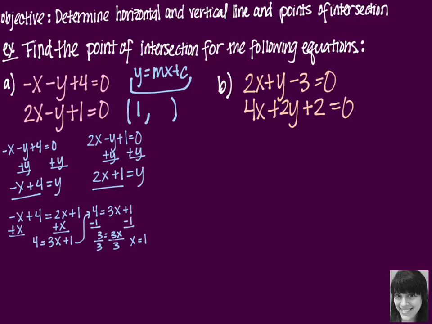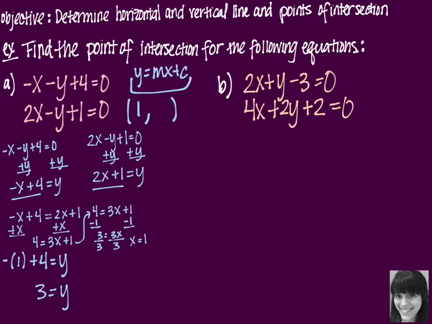Okay, so now I'm going to take x equals 1 and I'm going to put it into one of the equations. It doesn't matter which one. So I have negative 1 plus 4 equals y. Negative 1 plus 4 equals 3.